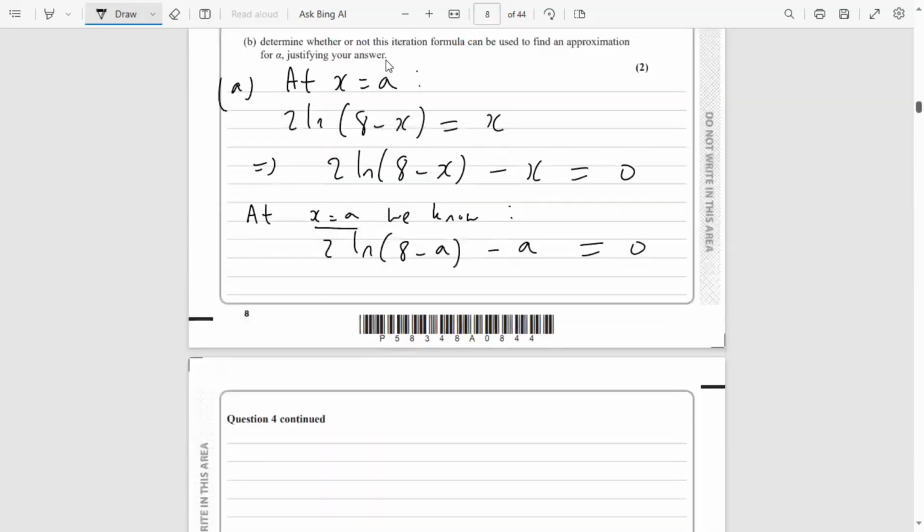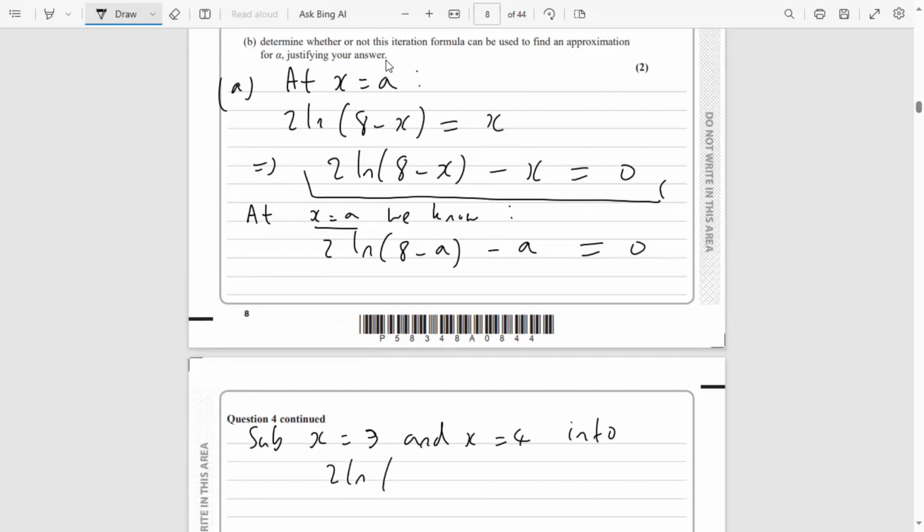So instead of substituting a into this formula, we're going to substitute in x equals 3 and x equals 4. We're going to sub x equals 3 and x equals 4 into 2 ln(8 minus x), take away x.